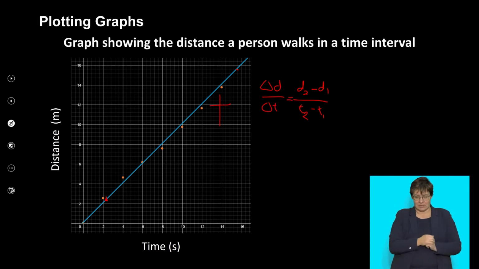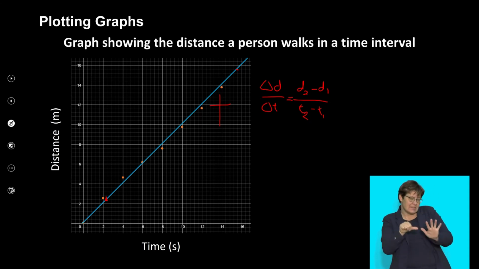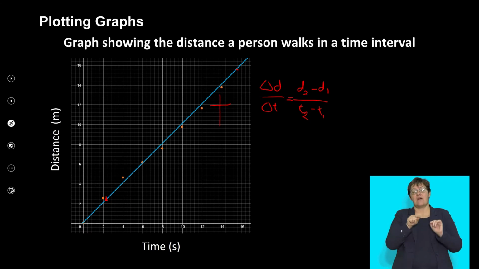So let's make sure that we've got that right. We recognize it's 14.4, 14.8, 15.2, 15.6. And so that would be 15.6 on the time axis.